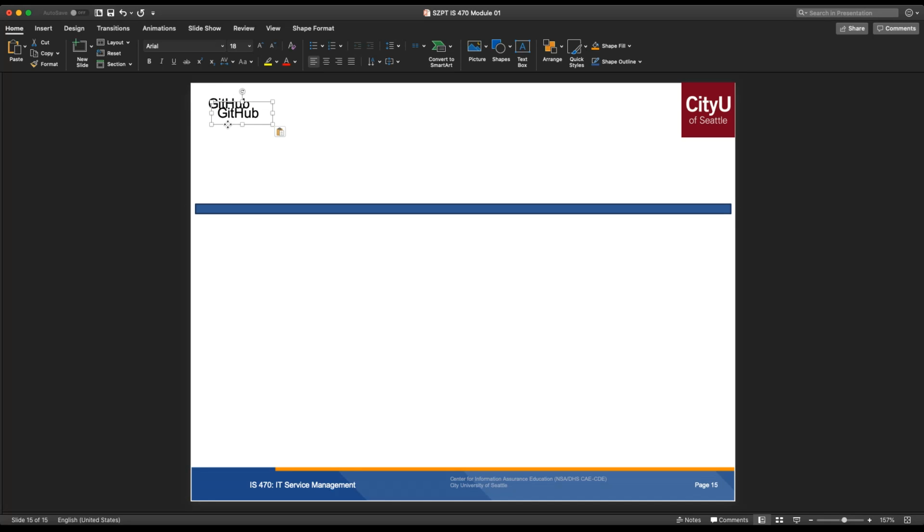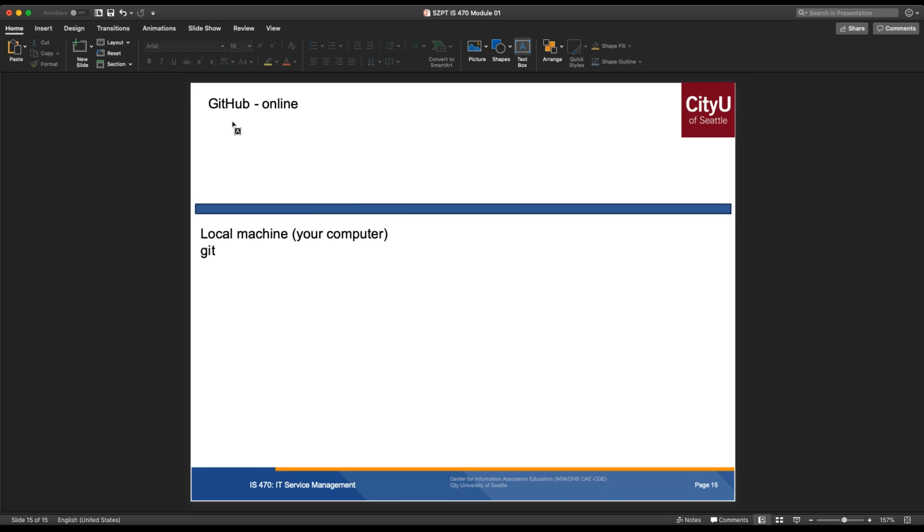And this is your computer, your local machine. GitHub online. So you also have your Git version control here.